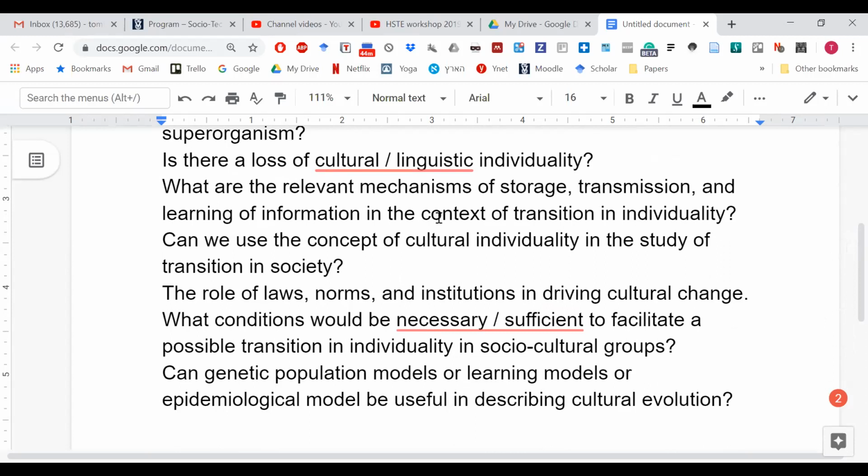One might be just to look at the biological approach, at individuality, levels of selection, and the biology scale.